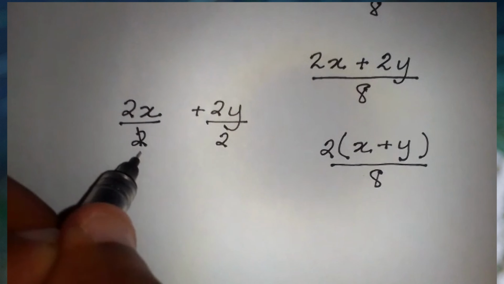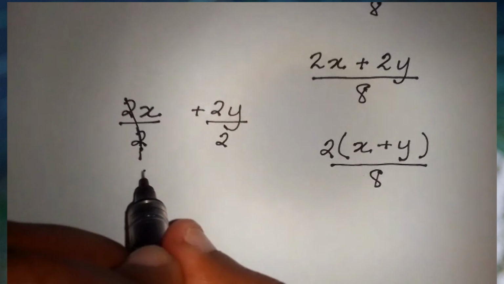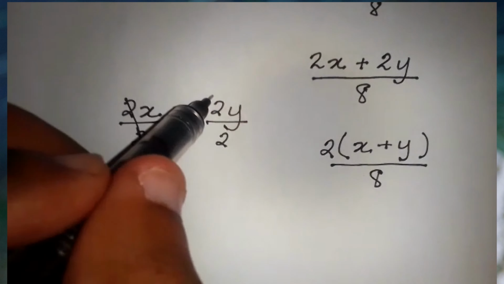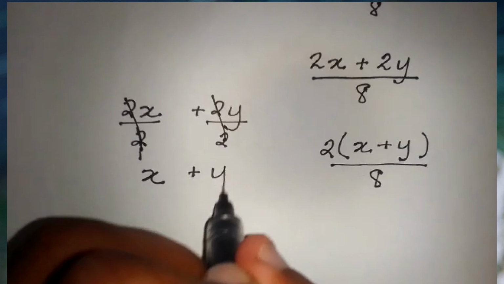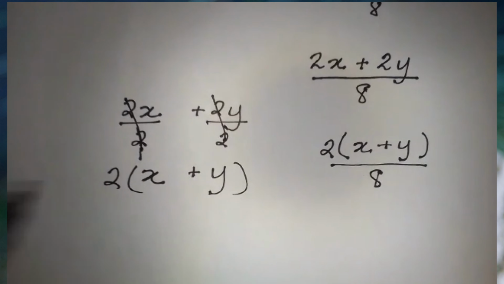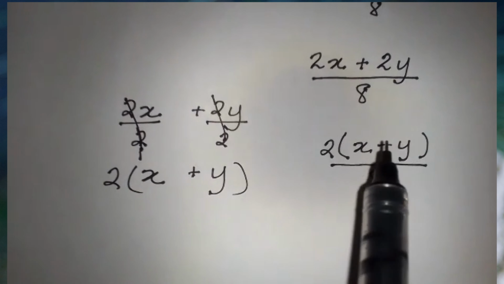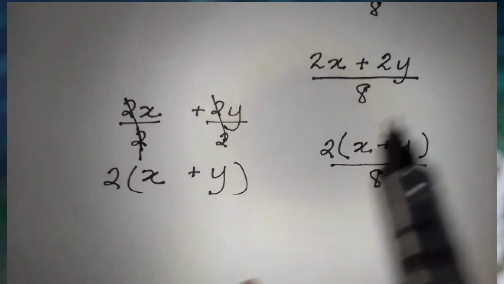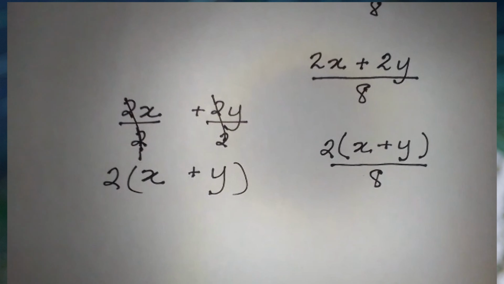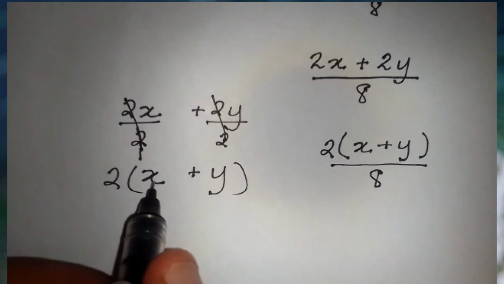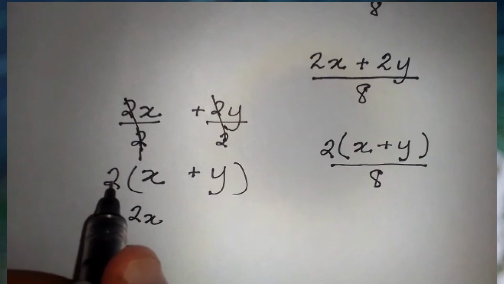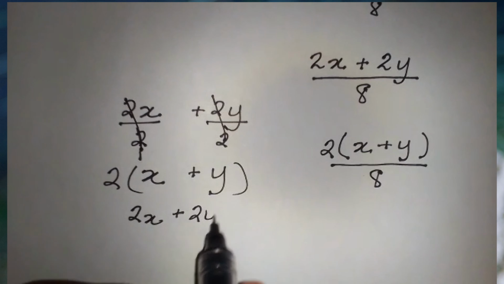So 2 into 2 goes 1. It cancels, leaving me with just x. These 2 cancel, leaving me with just plus y. And my factor was 2. So notice that this is the same exact thing as this. And if I'm supposed to expand it back, I'm supposed to get back the same thing. So 2 times x gives us 2x. And 2 times y gives us 2y.